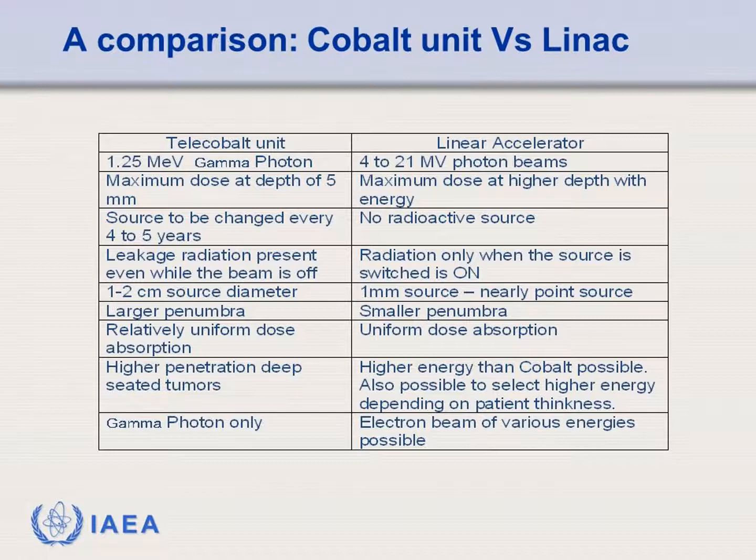There are many other differences between them, which I'd encourage you to go through. The linear accelerator is a much more modern machine that tends to do better treatments than the Cobalt 60 machine. But I'd like to emphasize that there have been some enhancements in the Cobalt 60 technology that make them comparable in their treatment outcomes with some linear accelerators.